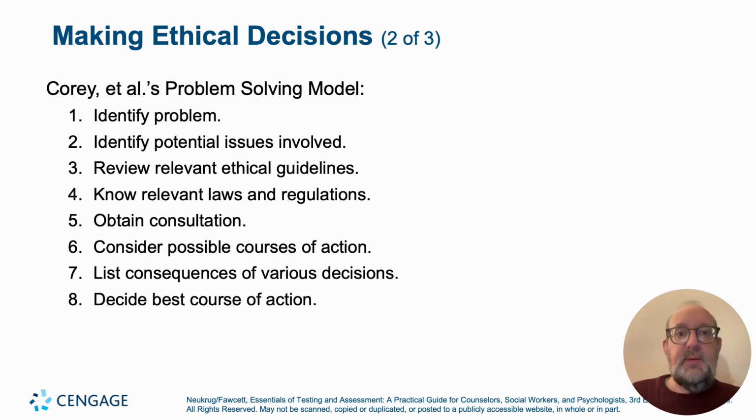Step 5, we obtain consultation. Step 6, we consider the various possible courses of action. Step 7, we list and identify the consequences of those various courses of action. And step 8, we decide the best course of action.